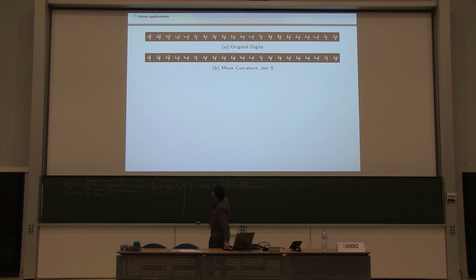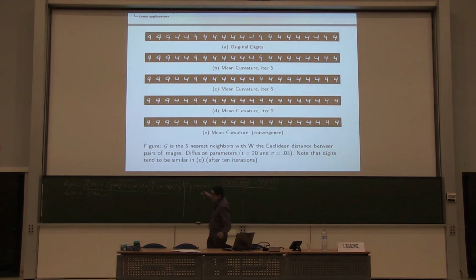As we increase the number of mean curvature iterations, we see that the digits regularize between them according to that relationship. So we use this procedure as a way to regularize the samples in the database by this idea of similarity on the graph.